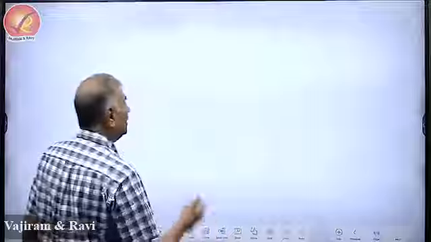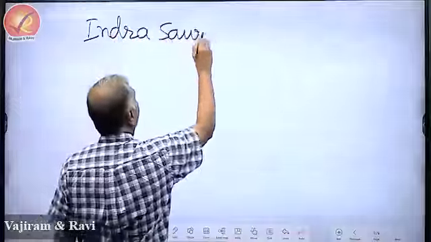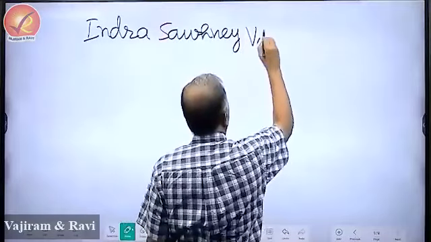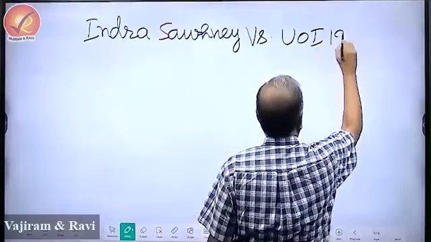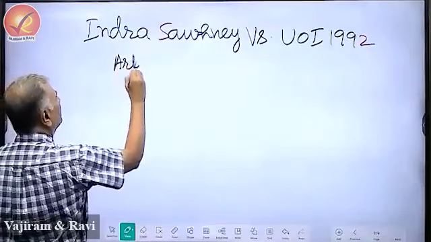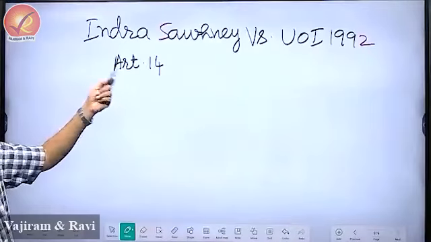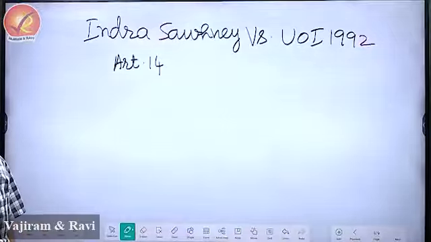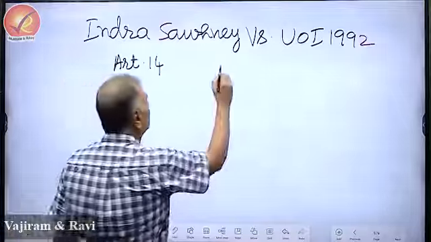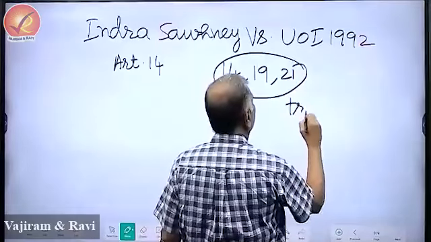Then further, in the Indira Sawhney case, the Supreme Court held that Article 14 is a part of the basic structure of the Constitution. It also called Articles 14, 19 and 21 the triumvirate of fundamental rights.